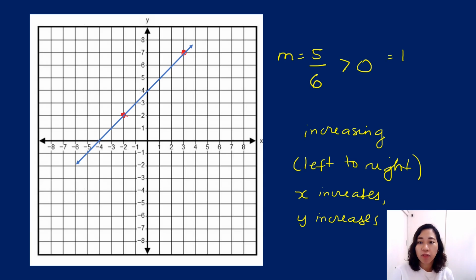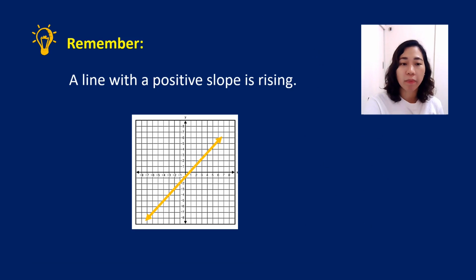Remember that if your slope is positive, rise and run have the same sign. If you have positive rise and positive run, you will get a line like this. Or you can have a negative rise and a negative run. Either way, your line will always be increasing. So remember that a line with a positive slope is rising.